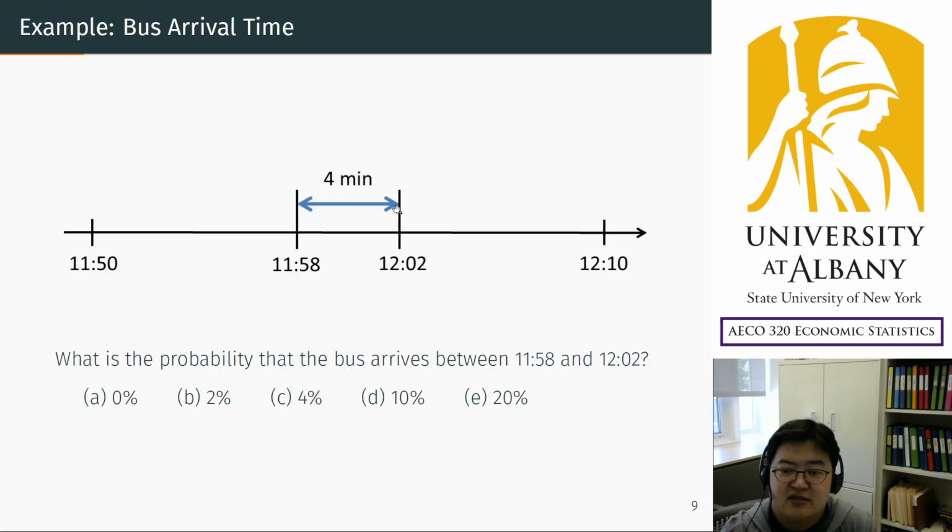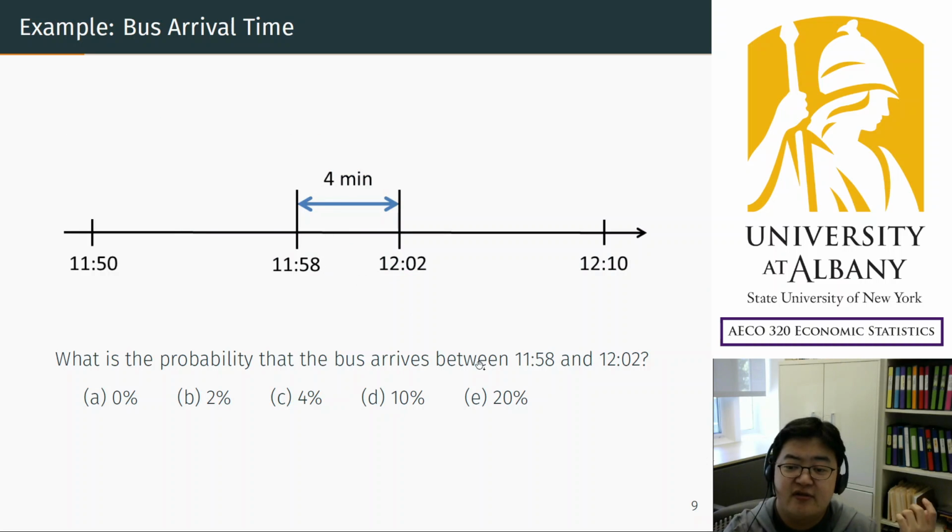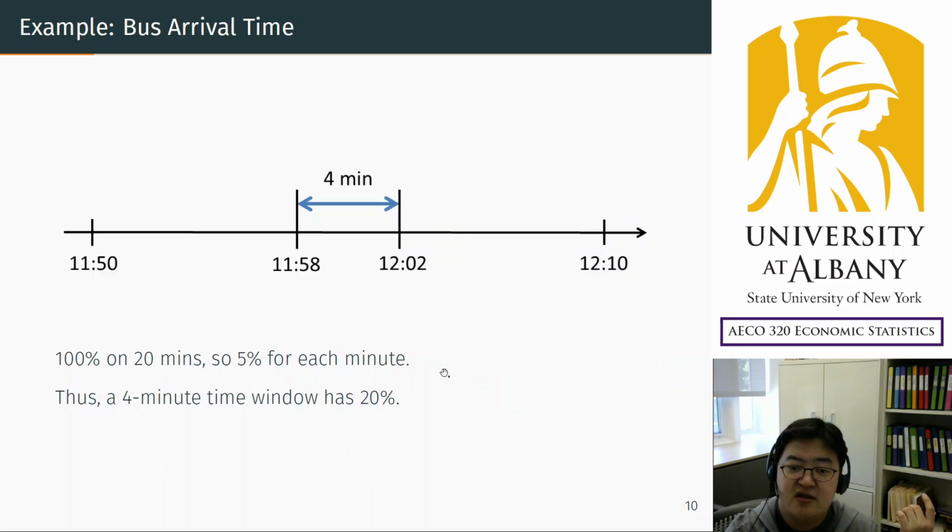It's simple. This window is a 4-minute window. Its length is 4 minutes, and 4 minutes is 1/5 of the whole 20-minute interval. So the probability is proportional: the probability is 1/5, which is 20%.